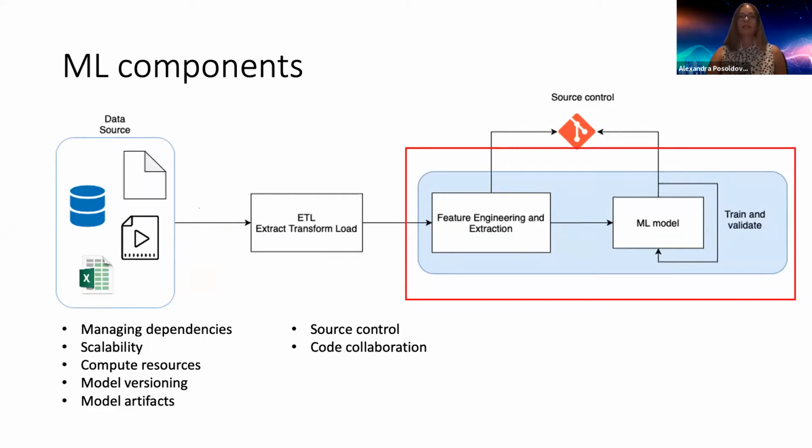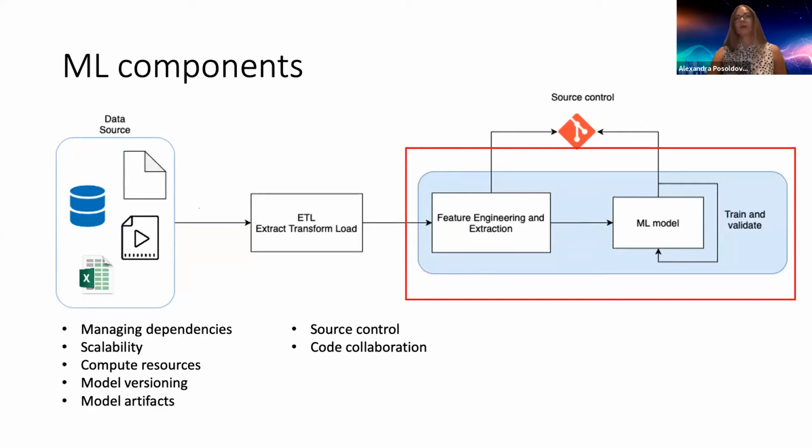So at this stage, you need to manage the code dependencies, making sure that all of the libraries that you're using have the version that you expect, and everyone who's collaborating on the codes is using the same dependencies.